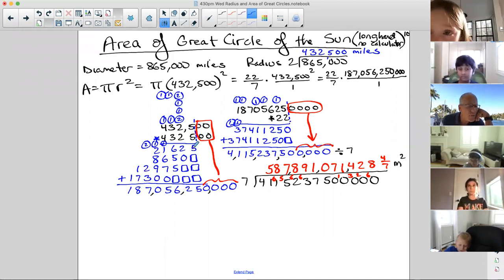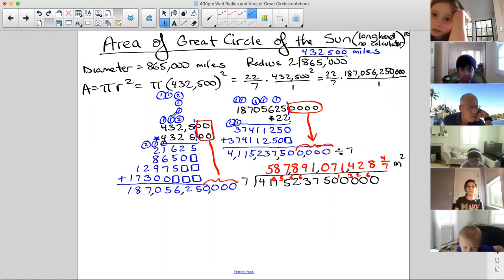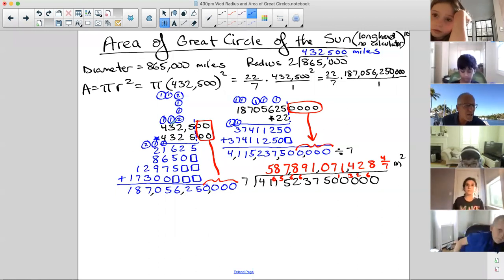Then I started using my standard algorithm for multiplication. 5 times 5 was 25. 5 times 2 plus 2 was 12. 5 times 3 plus 1, 16. 5 times 4 plus 1, 21.